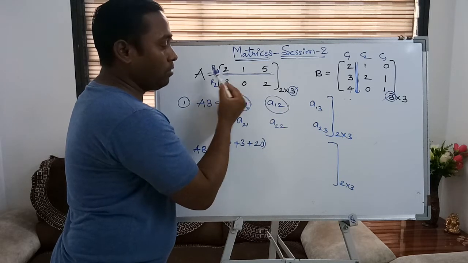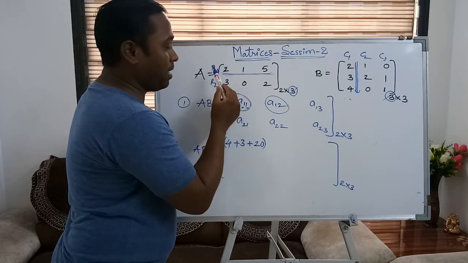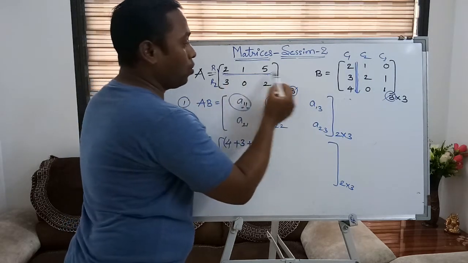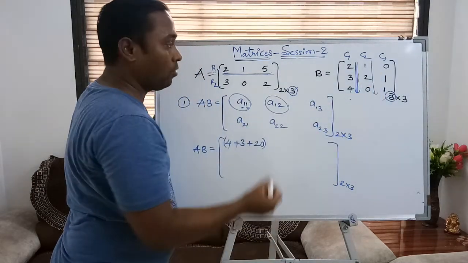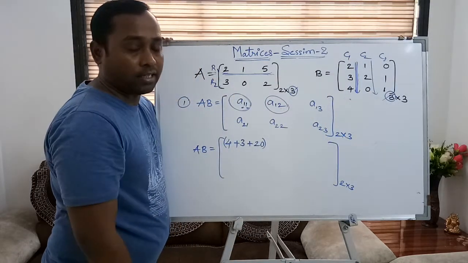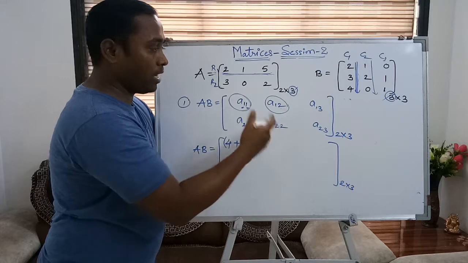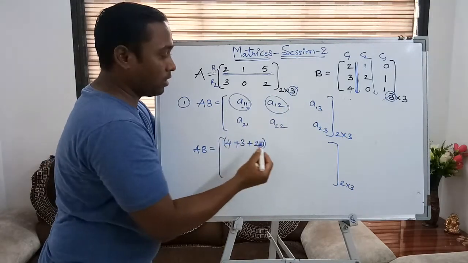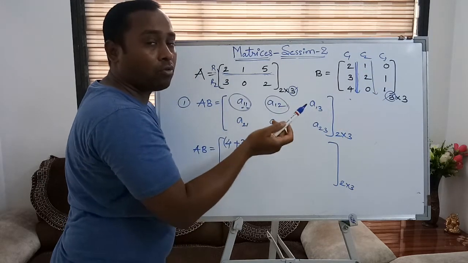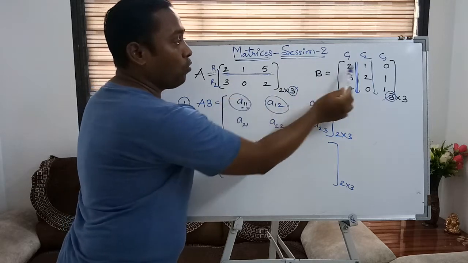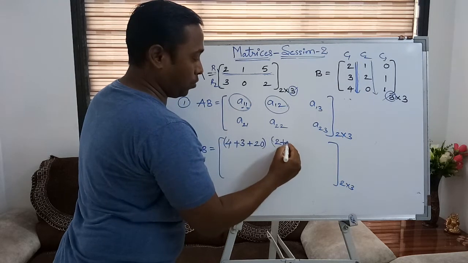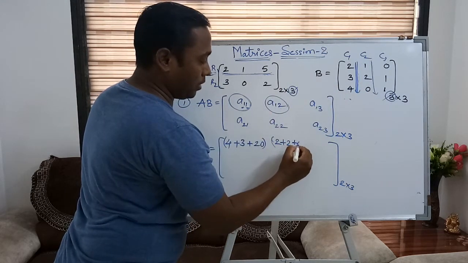First row means R1 from matrix A, and second column means the second column of matrix B. So first row, second column: R1 C2, R1 C3, like this. You may write it this way or that way. Let's see: A12 means multiply the elements of the first row and second column and add their results. 2 1s are 2, 1 2s are 2, 5 0s are 0.